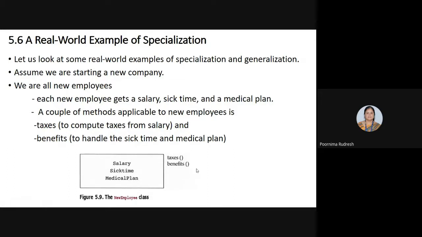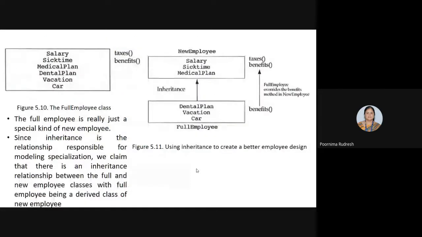After 6 months, let us consider that our company is running well, and we have to give new benefits to the employees. What are the new benefits? Once the employee has been there for 6 months, they are going to be regularized, and all the employees will be treated as full employees.